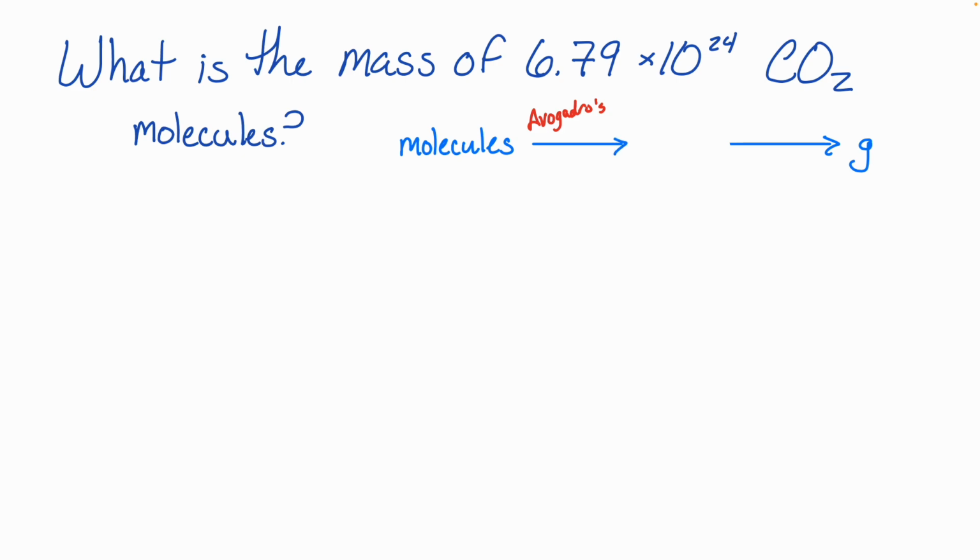And if we use Avogadro's number, where will we be units-wise? Moles. That will take me from molecules to moles. Do we have a way of getting from moles to grams? What do we have that will do that for us? Our molar mass. Awesome.